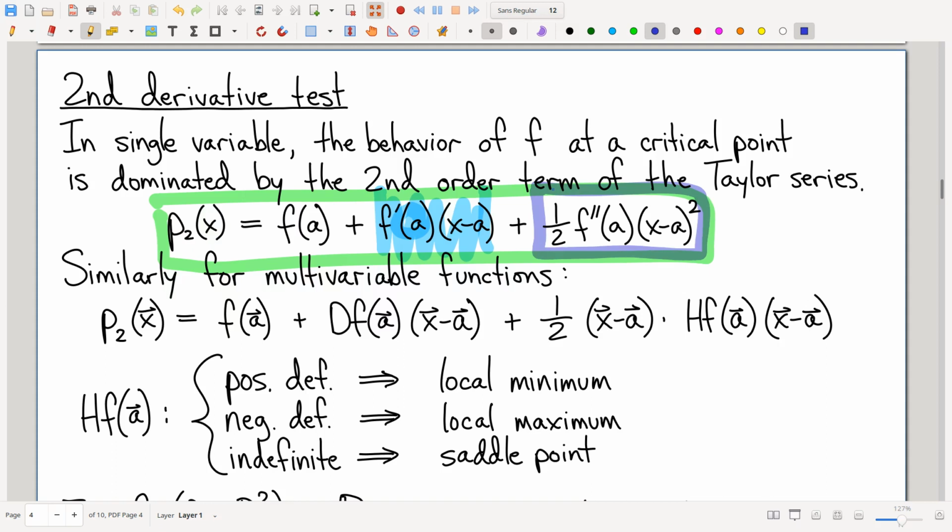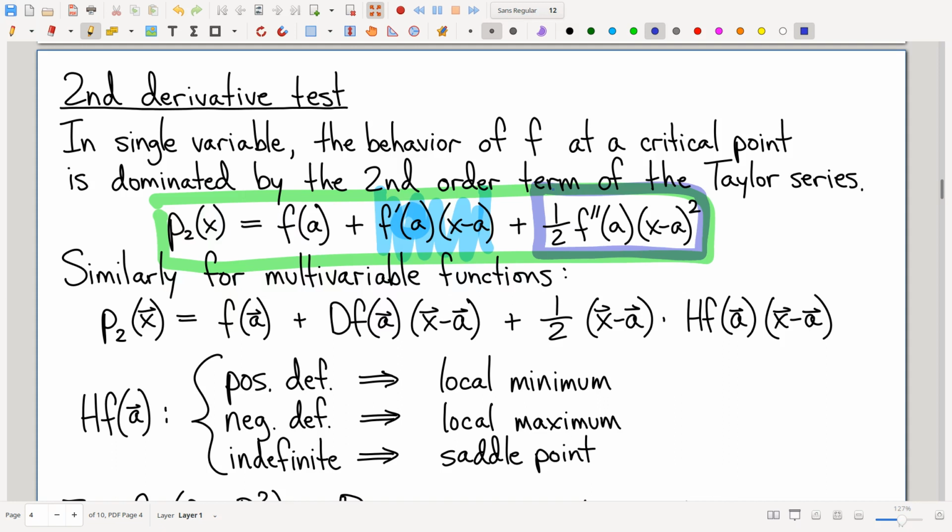X minus a quantity squared is always positive, at least away from a itself. And so whether this expression is always positive, thus giving me a minimum, or always negative, thus giving me a maximum, is entirely determined by the value of the second derivative. Right, so that's an easy sort of foot in the door way to justify or to motivate or think about the second derivative test. Okay.